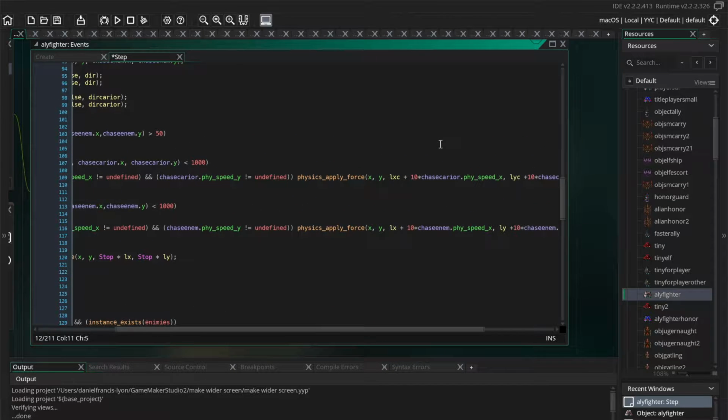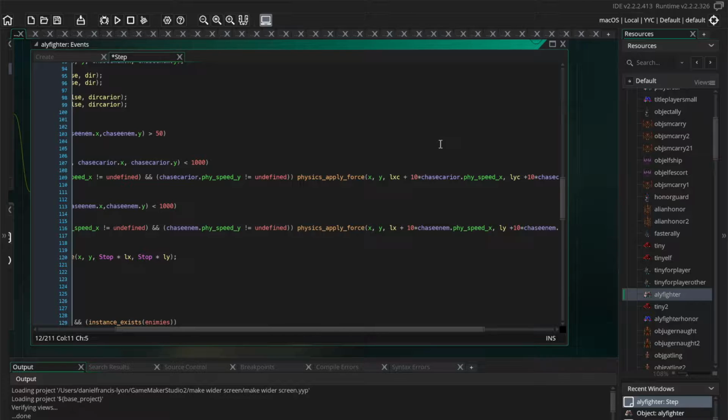So what that means is the force that makes this fighter go is not only in the direction pointing exactly where the enemy carrier is, it's actually accounting for where the enemy carrier is going. It's accounting for the velocity. So it's actually going towards where the enemy carrier is going, not just directly where the enemy carrier is.